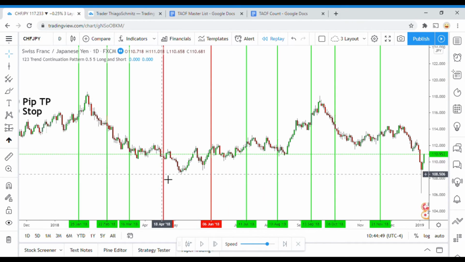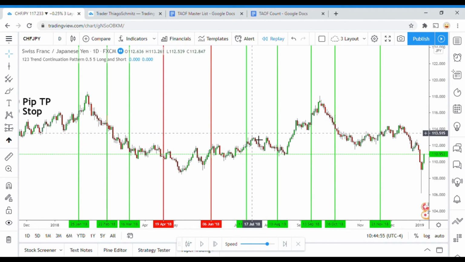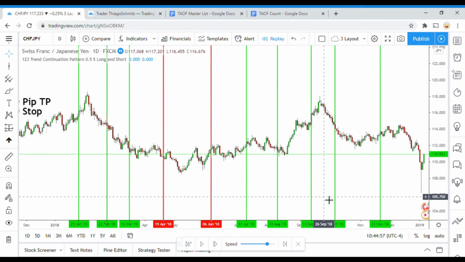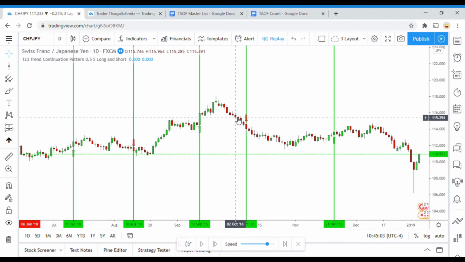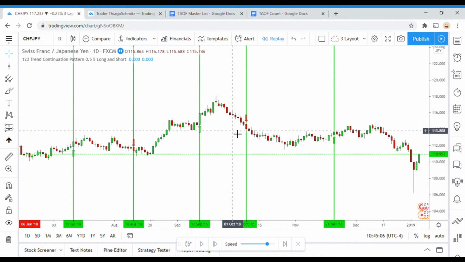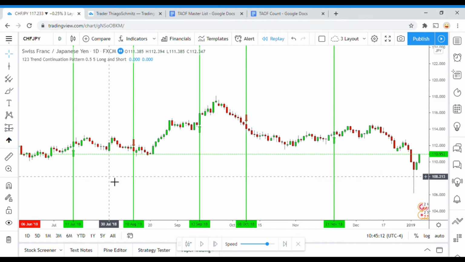My take on it is that, again, it seems to be a little slow in catching the trends at the right time. There's just a few instances like this one right here. I definitely feel like there was a possibility to get in a lot sooner.